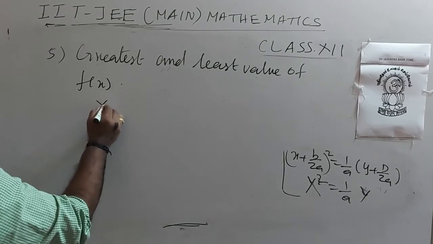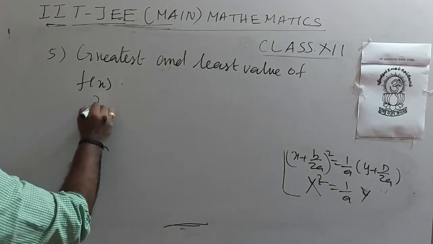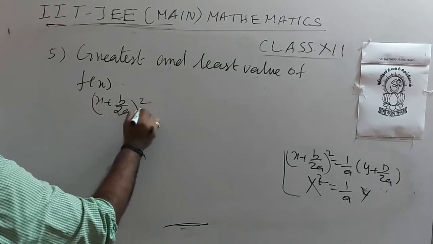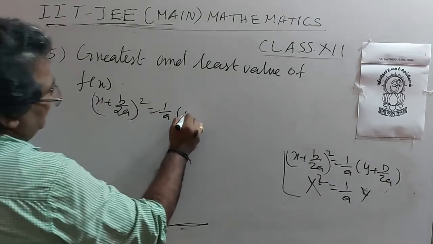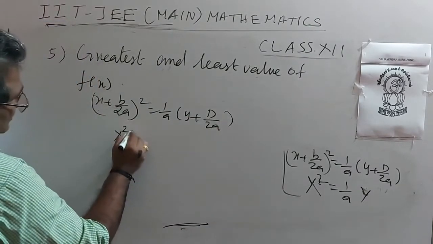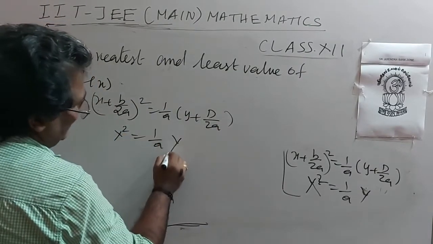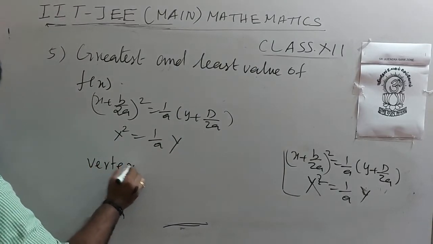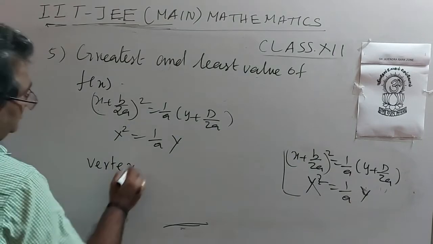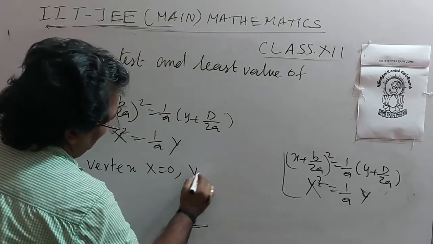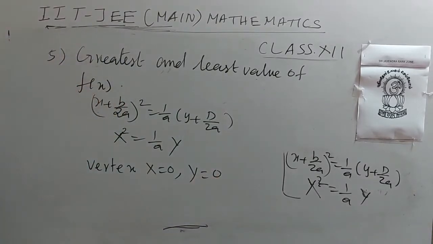So X squared, x plus b by 2a whole squared equal to 1 by a into y plus d by 4a, X squared equal to 1 by a into Y. This is a parabola. Vertex in this case: capital X equal to 0, capital Y equal to 0.